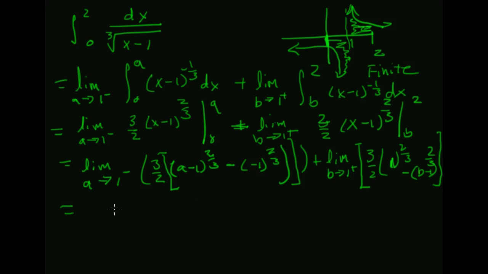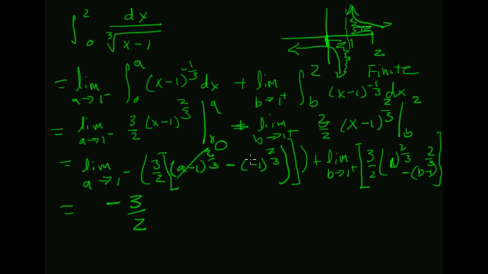Okay, so let's see what happens. As I'm approaching 1 from the negative side, this is going to go to 0. Negative and a negative, so negative 1 to the 2/3 is going to be plus 1.